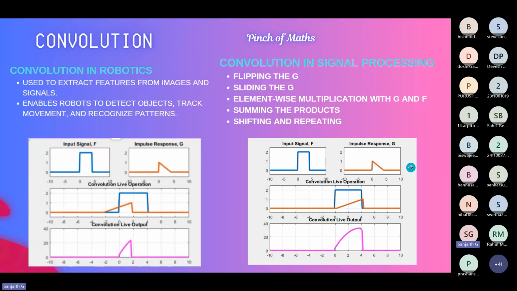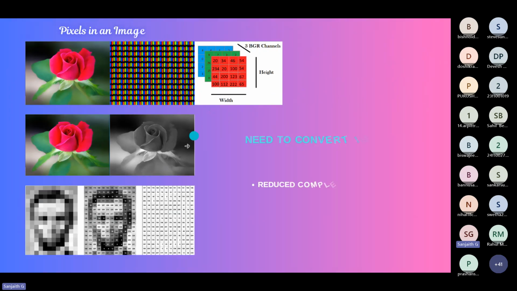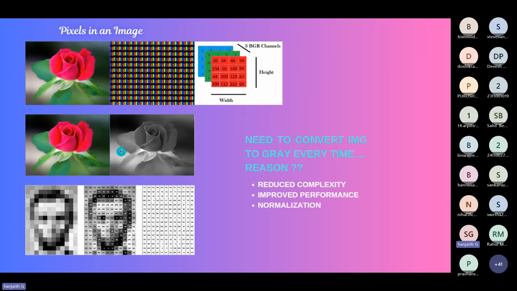To make the operator simple, more time efficient and space efficient, we'll convert these BGR images into a grayscale image. The grayscale image is nothing but the average of these BGR values, and we get a value between 0 and 255.